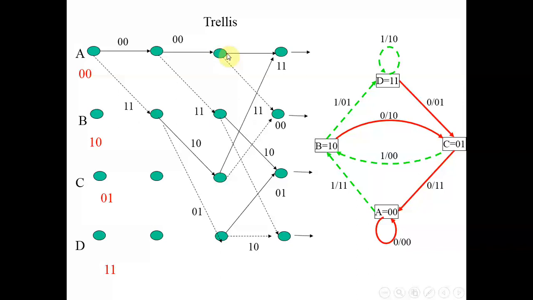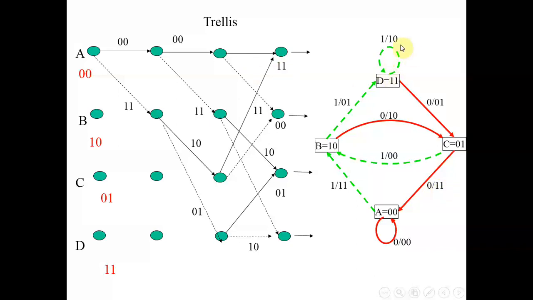Now you can go from A to A, A to B, then B to C, B to D, then you can go from C to B and C to A. C to B is a dotted transition because it is the transition after receiving 1, and C to A is a solid line transition because you go from C to A when you receive 0. And what is the output at that time? 1 1.